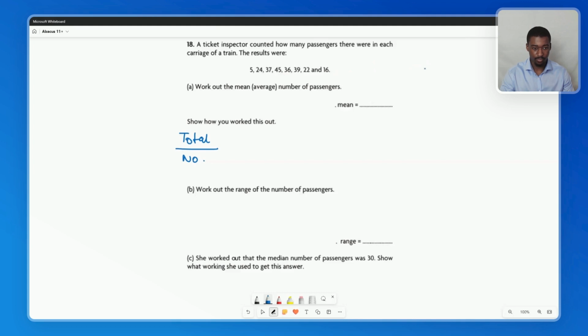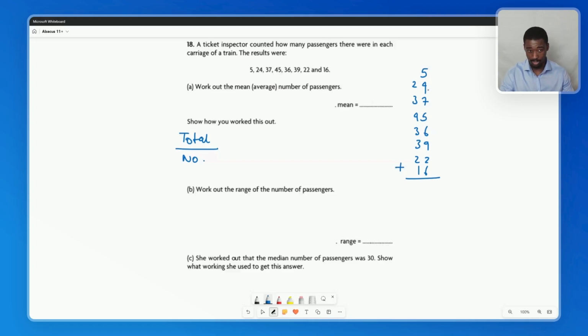So we have 5, we have 24, 37, 45, 36, 39, 22, 16. So let's not make any silly mistakes. We should be able to get this right.